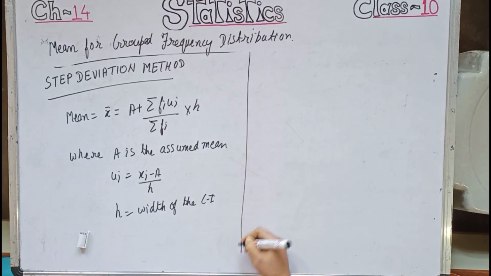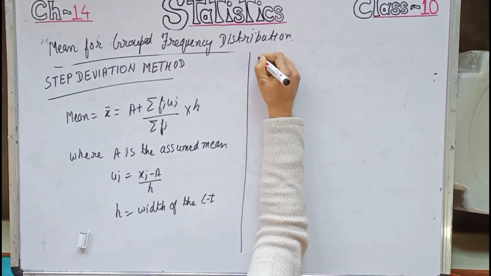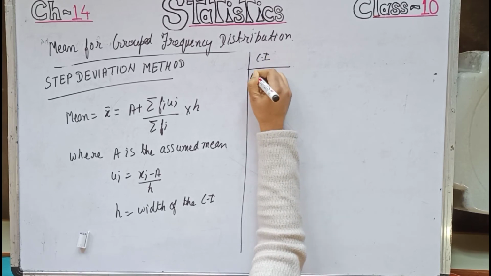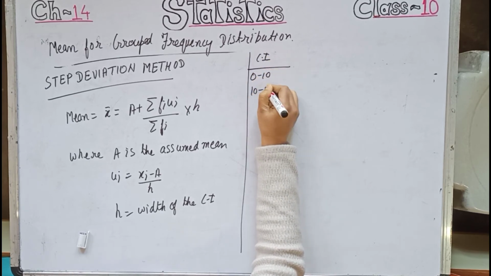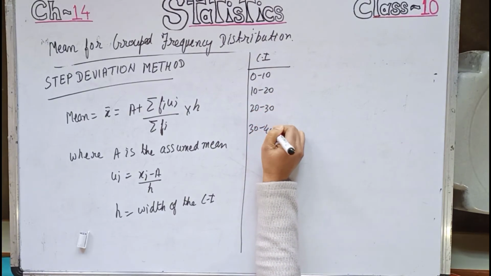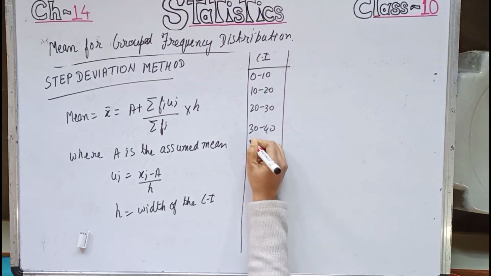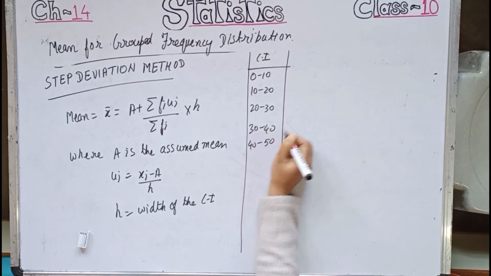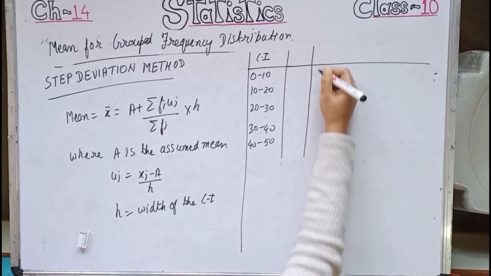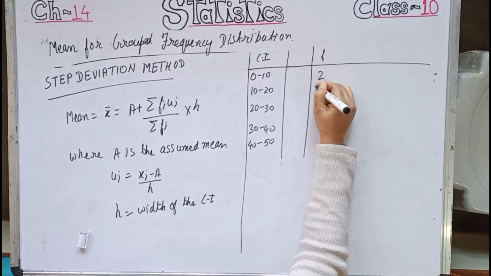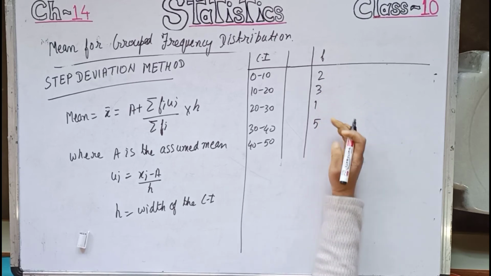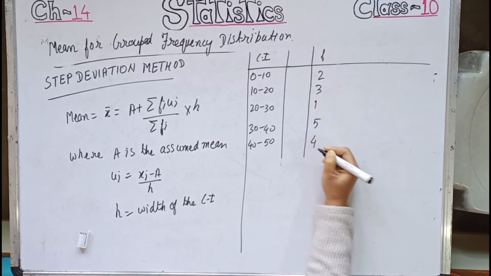So let us do one example. Class interval, so 0 to 10, 10 to 20, 20 to 30, 30 to 40, and 40 to 50, let us write. Then the f column is given 2, 3, 1, 5, 4, let us write.